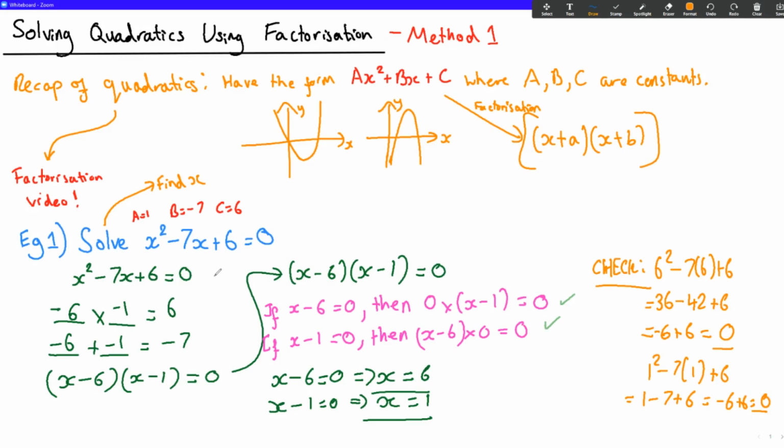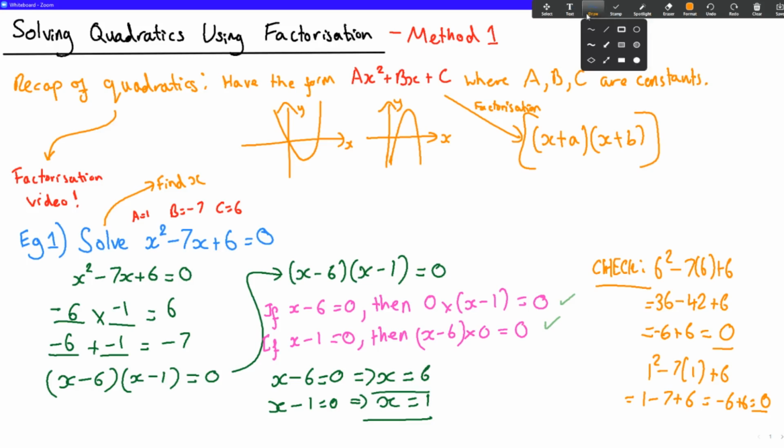They can have two solutions. So, if you're getting one solution, you might recheck and make sure that you've got the correct solution, or that you've not missed the solution.